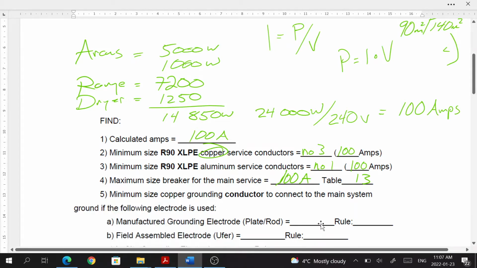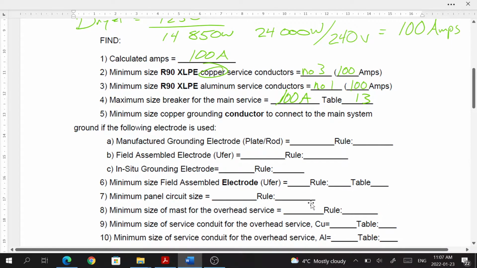Minimum size copper grounding conductor to connect to the main service ground if the following electrode is used. So this is a bit of a trick question because our ground conductor is always going to be sized at number 6. Always. So we can fill that in, and it doesn't matter what the particular electrode used is, whether it is a plate, a UFER, or an in situ, it's always going to be number 6.